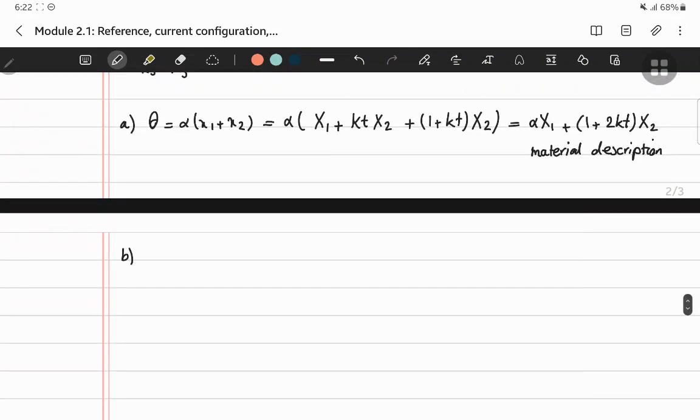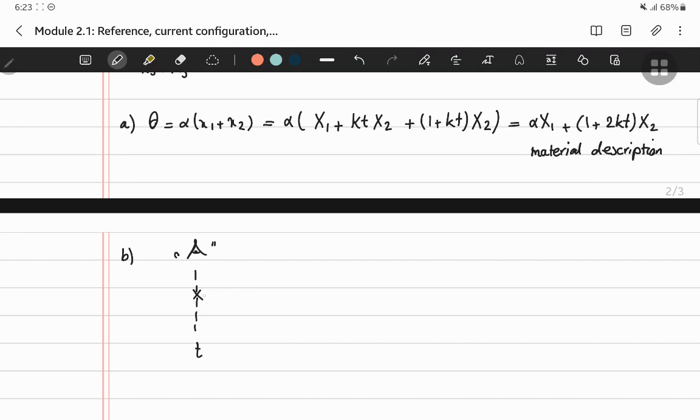So part B says, obtain the velocity. If we want to find the velocity, we have to use the Lagrangian point of view. Why? Because in the Eulerian point of view, if this is your eye and you're looking at this cross section at time t, you only have the value here, for example the value of temperature at this time t.